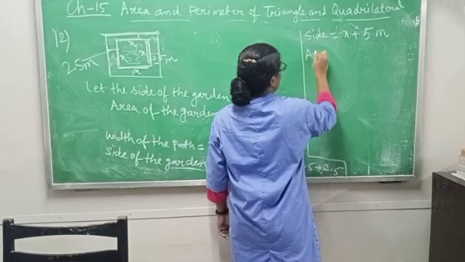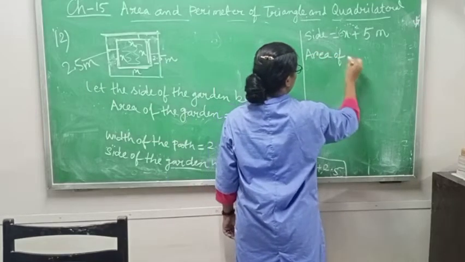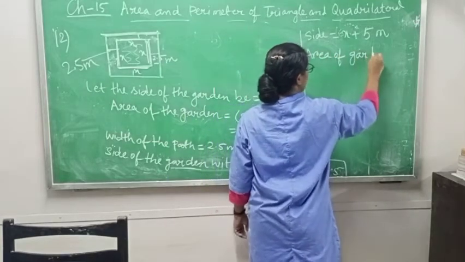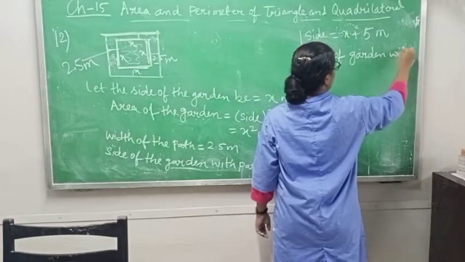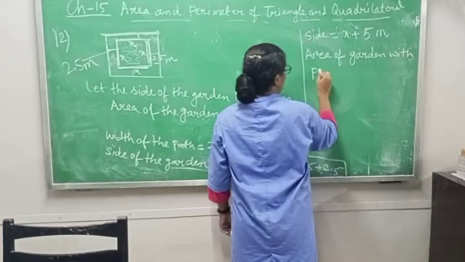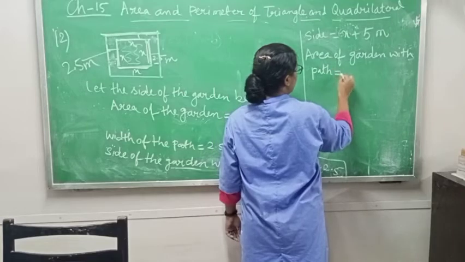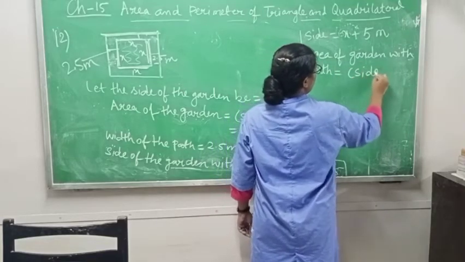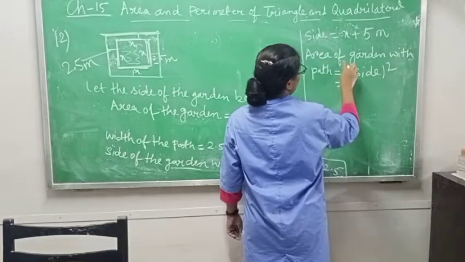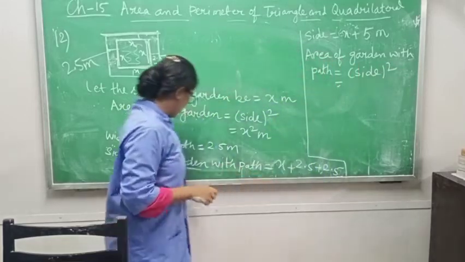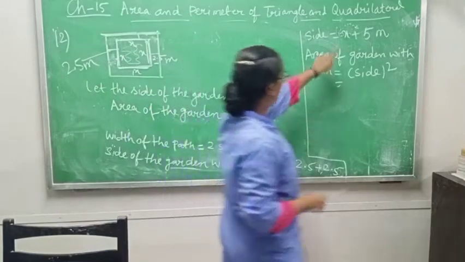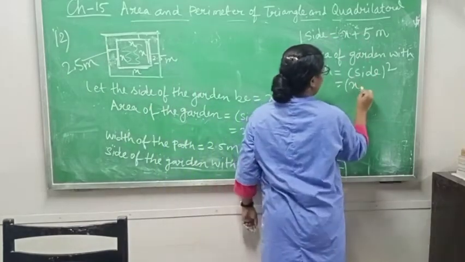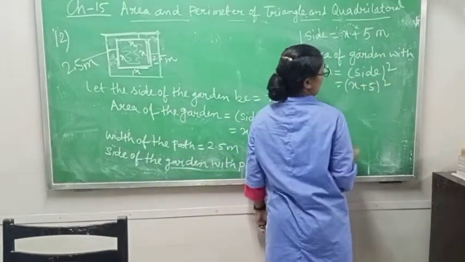Now area of garden with path. With path means path is included. So you know the area formula is side square, and the side of the garden with path is x plus 5. So I will write x plus 5 whole square.